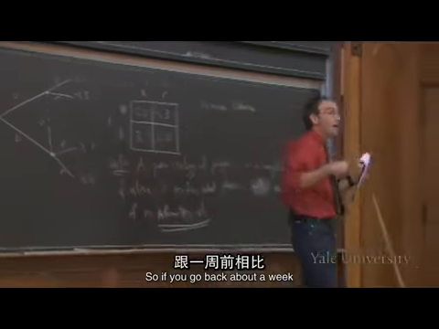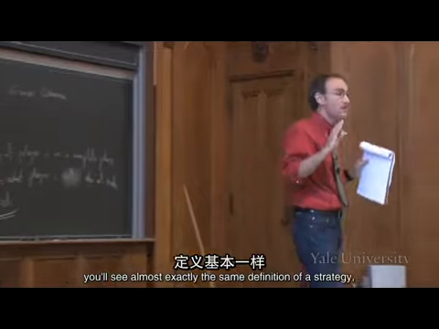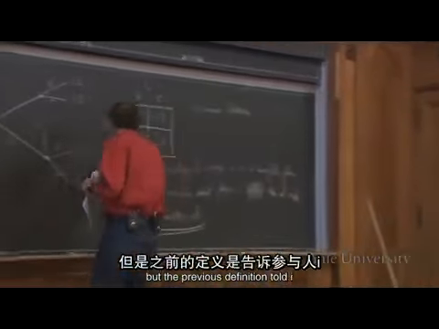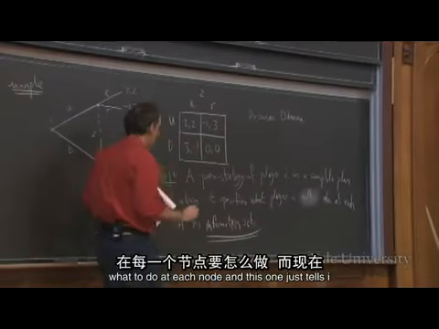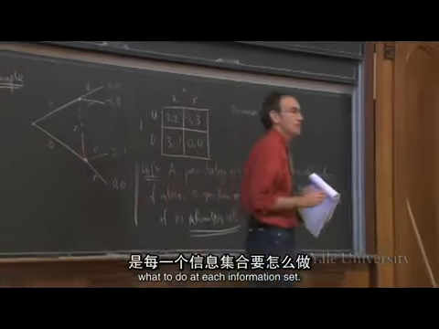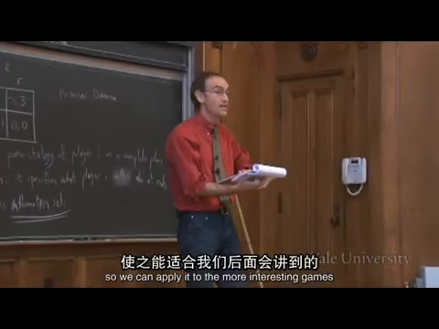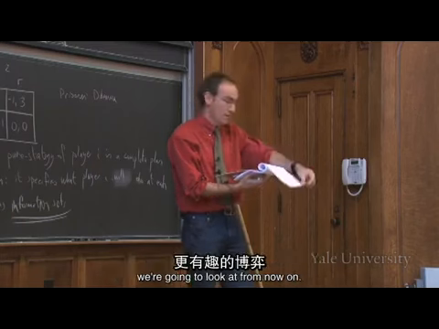If you go back about a week, you'll see almost exactly the same definition of a strategy, but the previous definition told I what to do at each node, and this one just tells I what to do at each information set. What I'm doing is tidying up the previous definition so we can apply it to the more interesting games we're going to look at from now on.